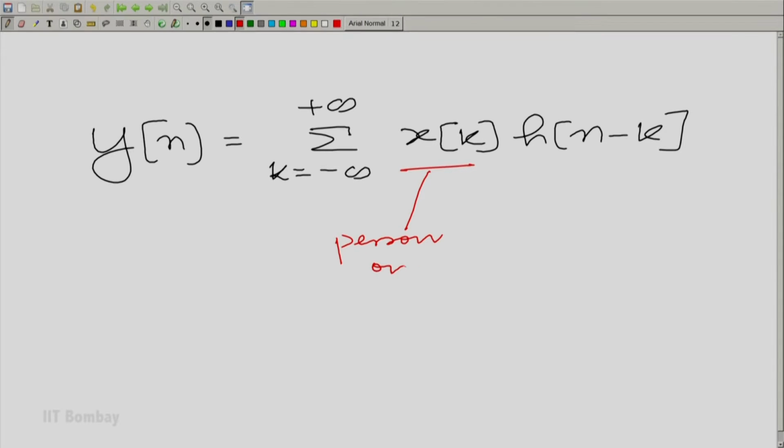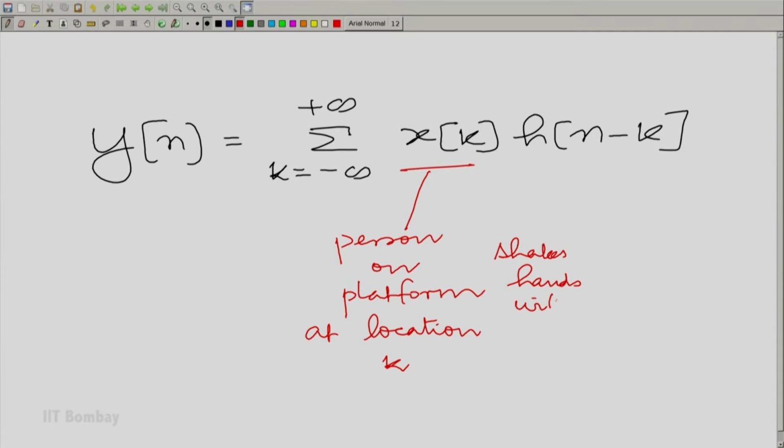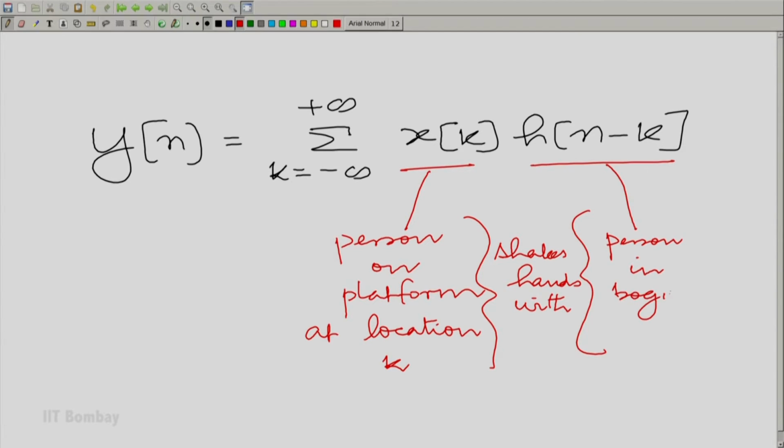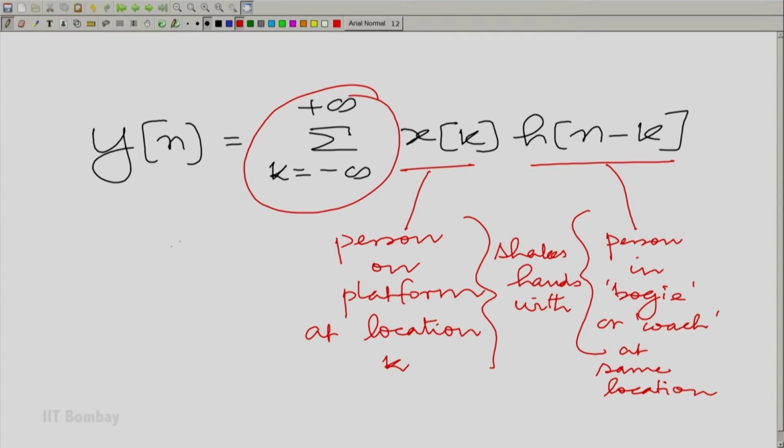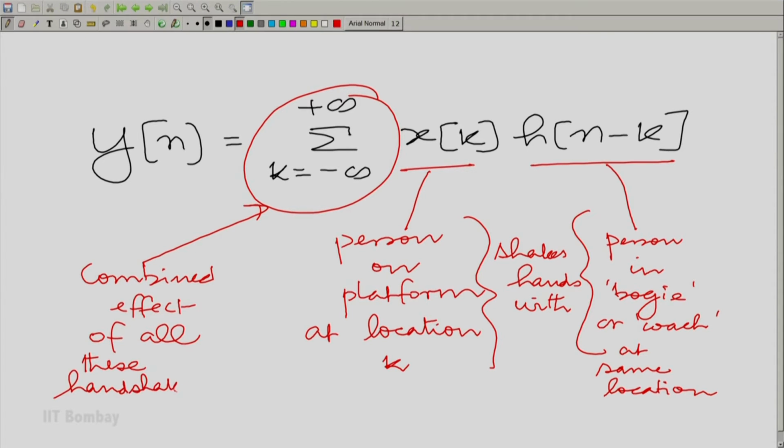The person on the platform at location k shakes hands with the person in the bogie or coach at the same location, and y[n] is the combined effect of all these handshakes.